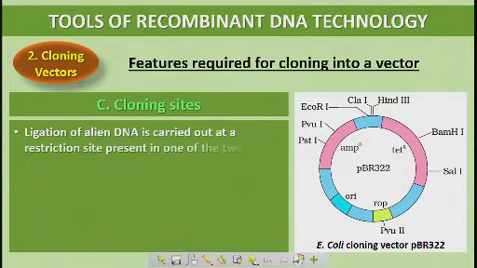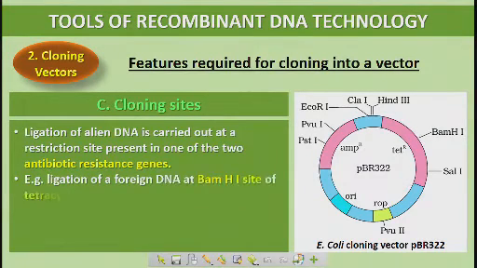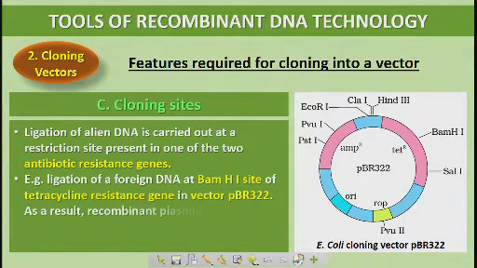Ligation of alien DNA is carried out at a restriction site present in one of the two antibiotic resistance genes. For example, ligation of foreign DNA at the BamHI site of the tetracycline resistance gene in vector pBR322.